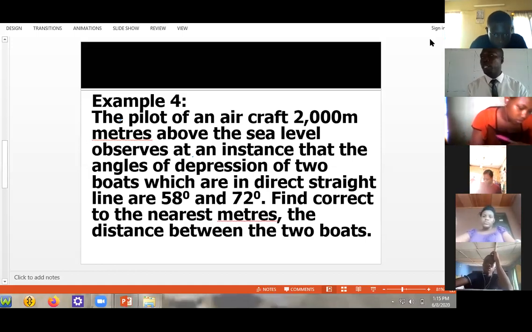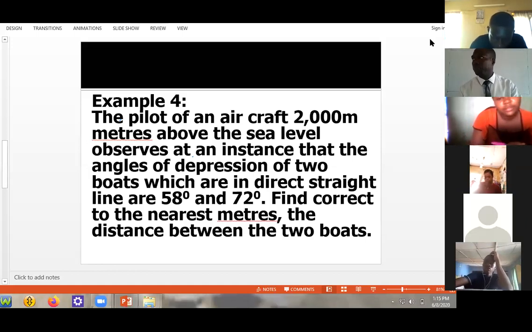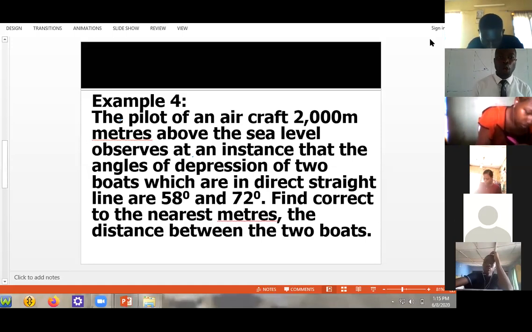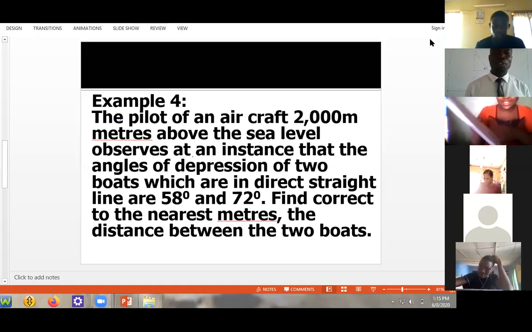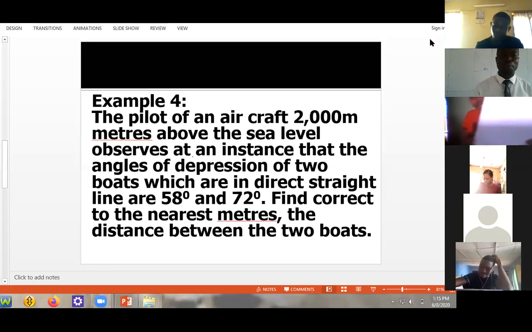So are you through with the sketching? Yes, sir. So please let me see your sketching. Just show me something. But make sure you are not drawing it wrongly.